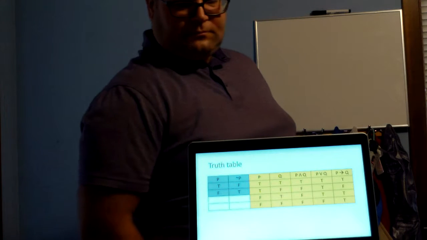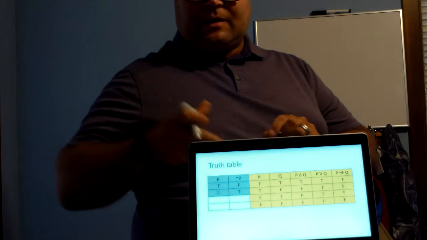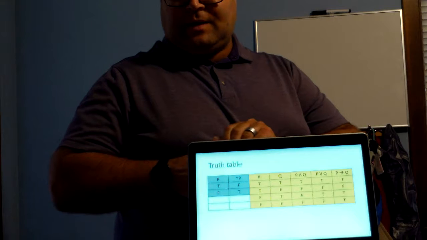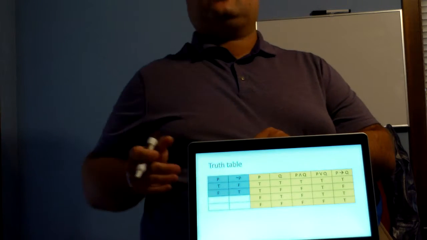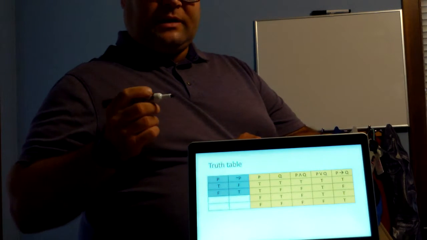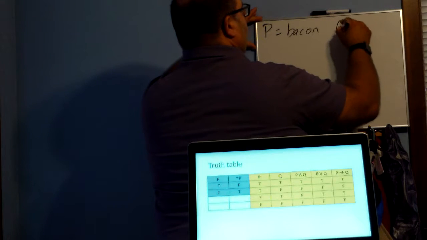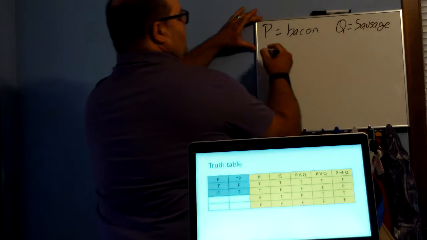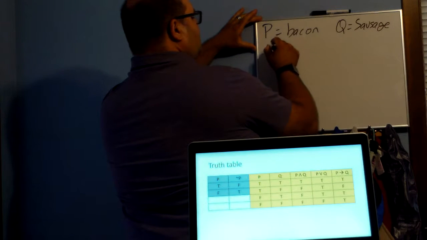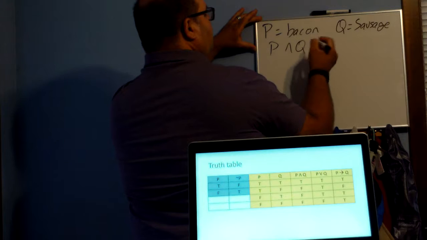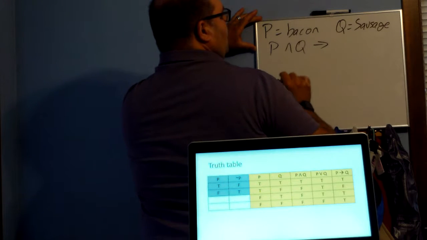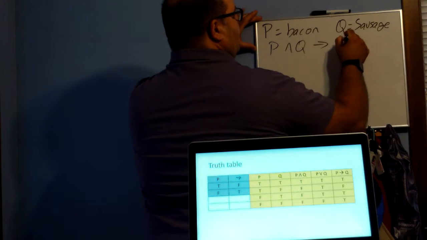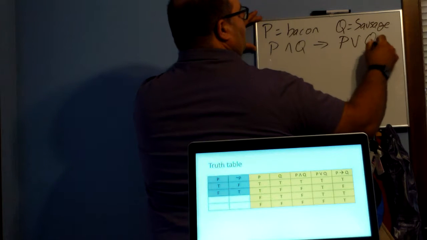So, if a restaurant serves bacon and sausage, then you can choose bacon or sausage as part of your meal. So if we let P equal bacon and Q equal sausage, then we have P and Q. If P and Q, then P or Q.